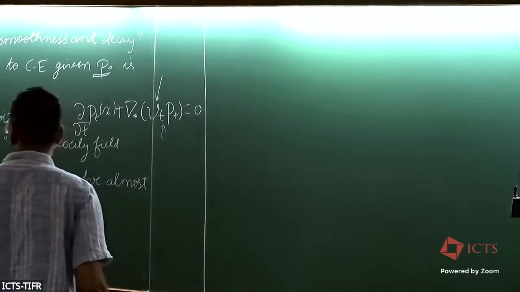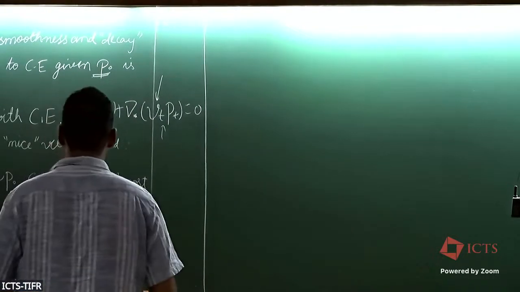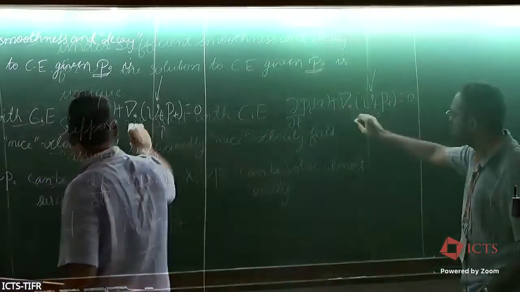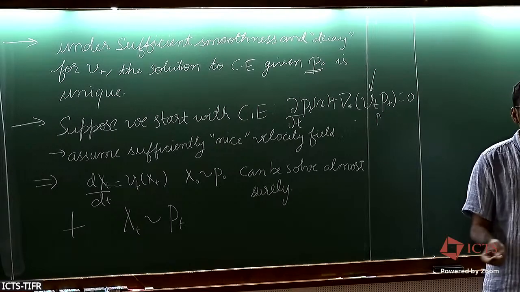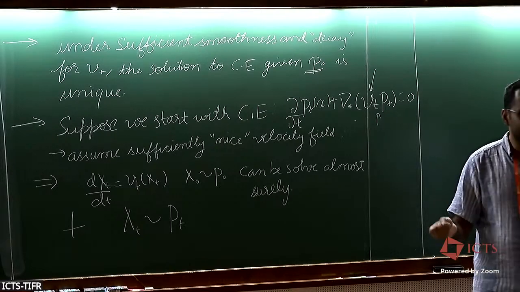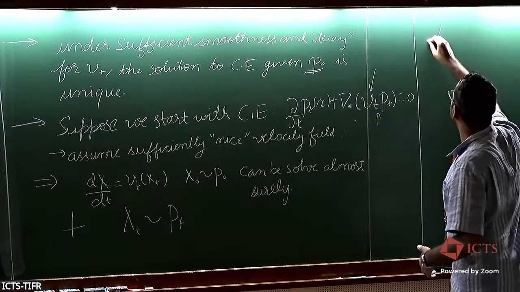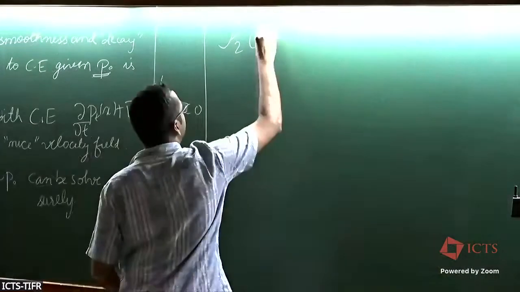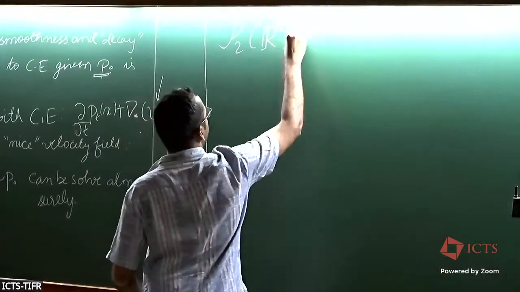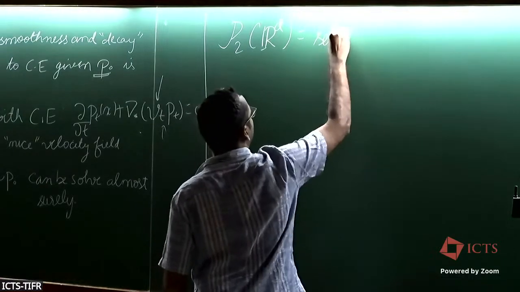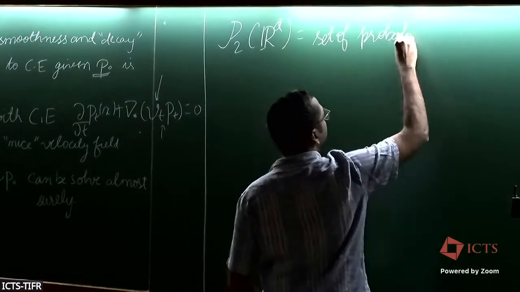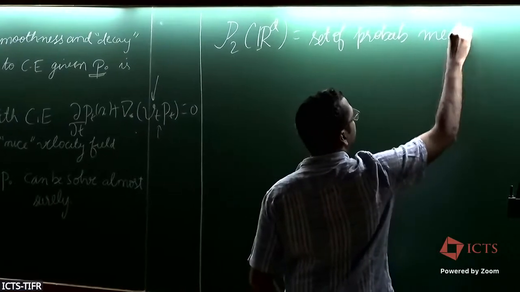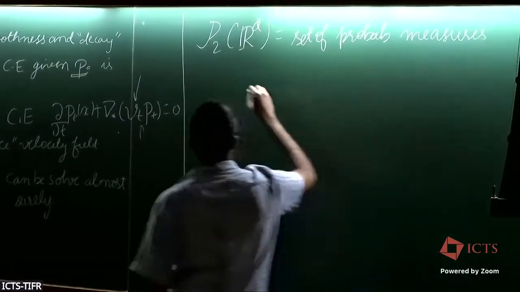Okay, so actually these results are even deeper. It turns out that the continuity equation actually says a lot about the Wasserstein geometry of probability distributions. We can consider a space called P2 of R^d. This is the set of all probability measures with finite second moments.